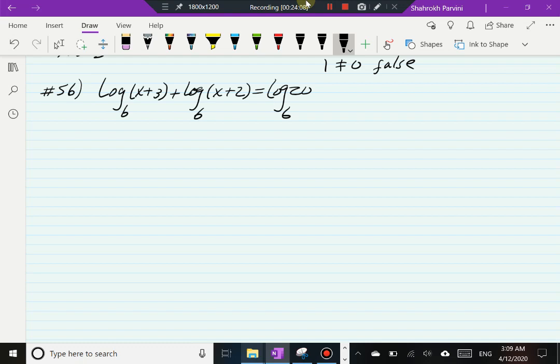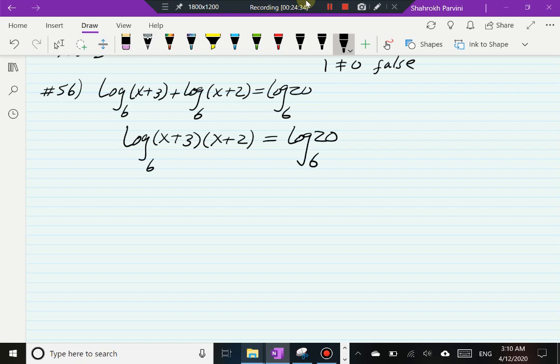One thing we could not do, you cannot drop the logs. You cannot cancel logs. Okay, we can't do that. So the right way of doing it is to actually combine the 2 logs on the left as a log of a single expression. I'm going to use the multiplication rule for that.